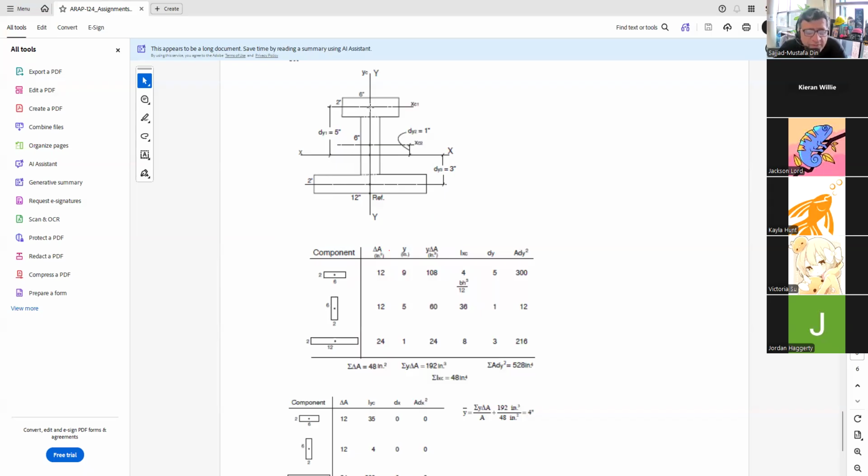We know the centroid for shape number 1 is up here. It's halfway up, so that's going to be 1 from here. Now we want to determine what it is from here. So this is 6 inches. What is the y component going to be?